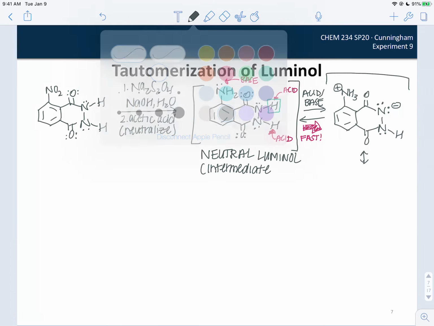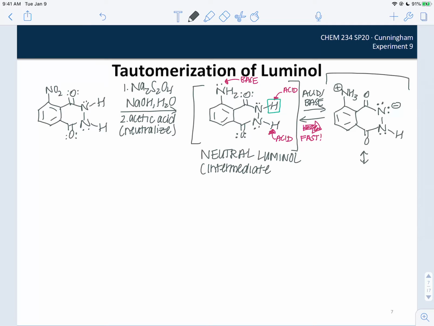Now, I've alluded to the fact that we have a resonance structure that we can draw for this intermediate. So let's go ahead and see what that looks like.